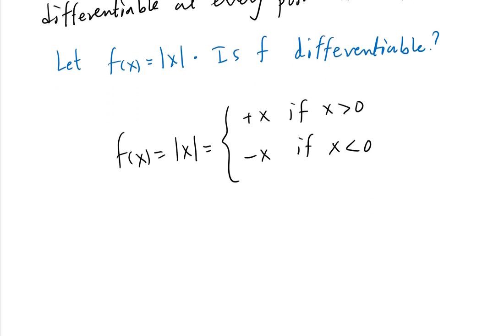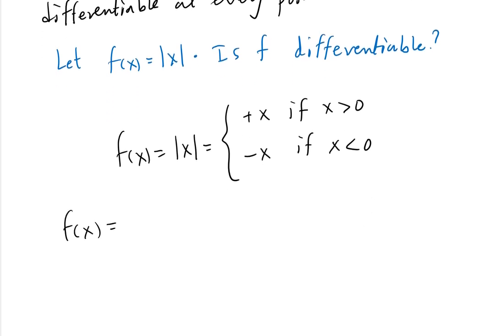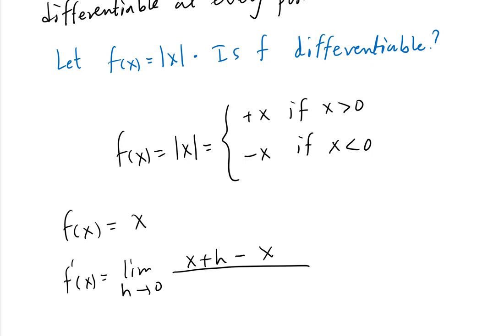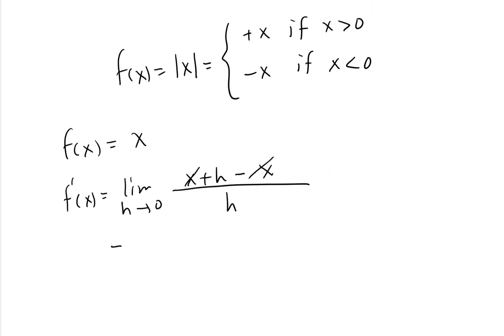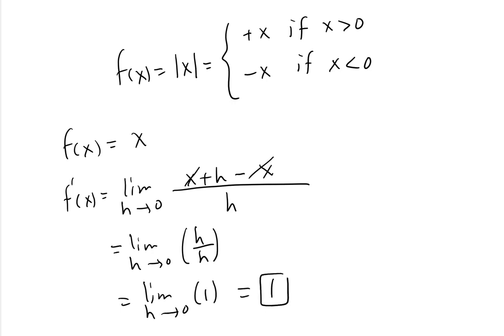We start with f of x equals x. We find the derivative of this one using the main definition: the limit as h goes to 0 of f of x plus h, so it's x plus h, minus the function, over h. Notice these cancel out, and that gives me the limit as h goes to 0 of simply h over h, which is the limit as h goes to 0 of 1, and that gives me 1.